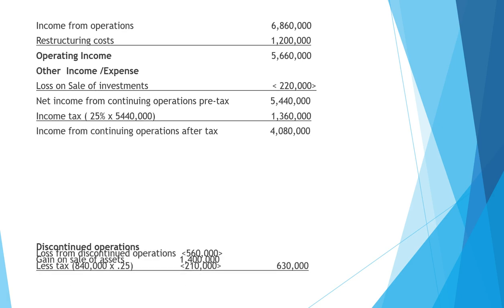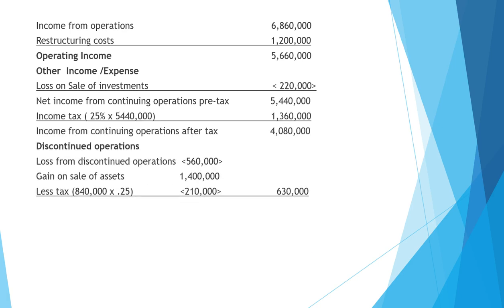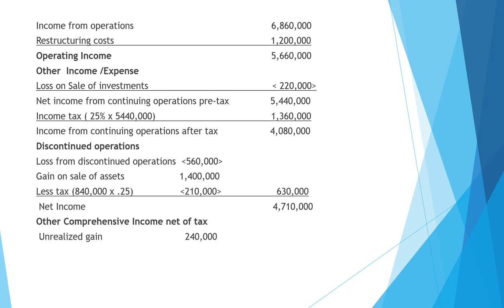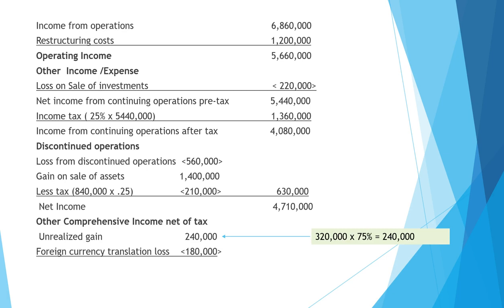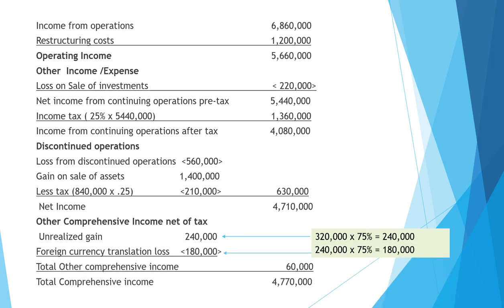We adjust for our taxes, and then we do our discontinued operations, but remember, these are always net of tax. Then we do our other comprehensive income, net of tax. We have unrealized gain, net of tax. Foreign currency translation, net of tax, and the net results of those is we add that into net income. So total comprehensive income is $4,770,000. And this ends part 2.